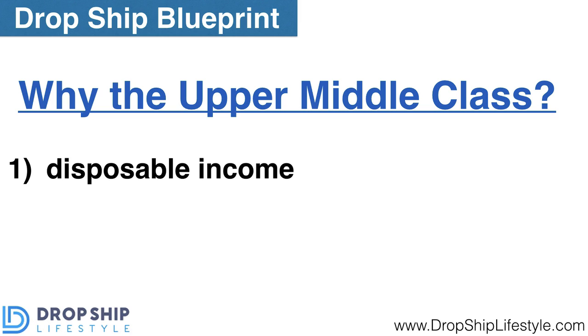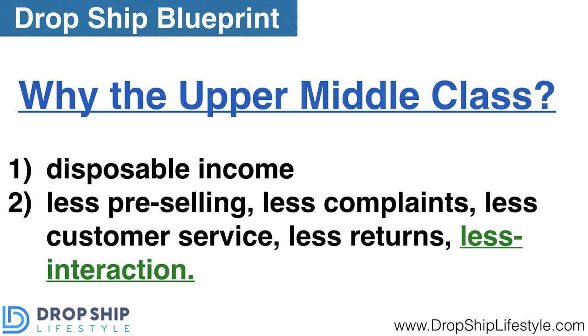You might be thinking, okay Anton, but wealthy people also have disposable income. That's true, but number 2 is huge. If you sell to the upper middle class, based on my 10 years of experience, they require less pre-selling, they complain less, they require less customer service and back and forth emails, they return fewer items, and overall there's less interaction.